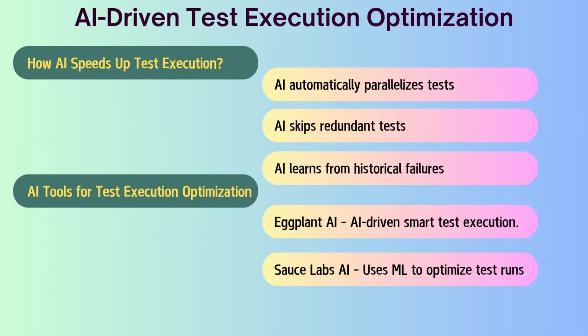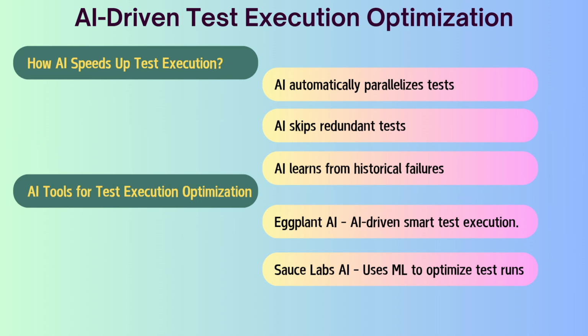Best AI tools for test execution optimization: you can use Eggplant AI for driven smart test execution, and also Sauce Labs, which uses machine learning to optimize test runs across environments.